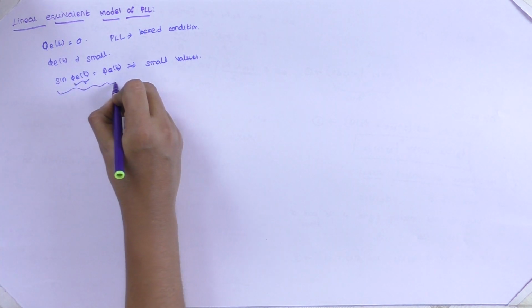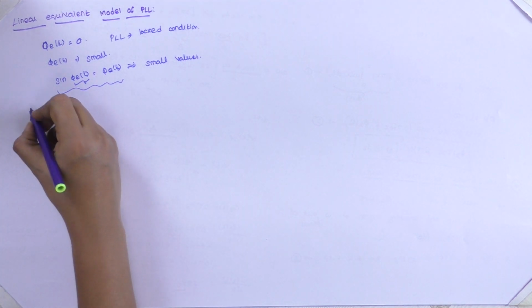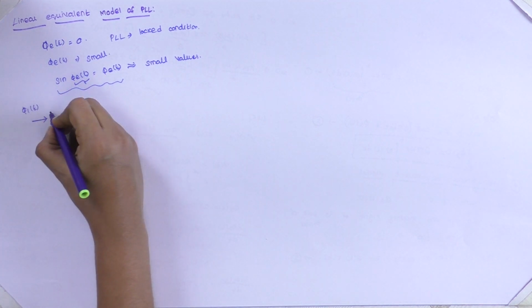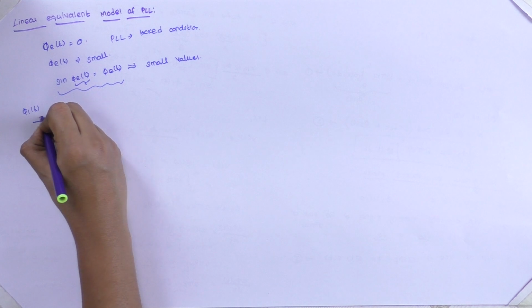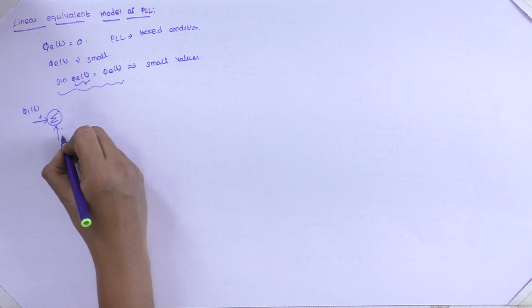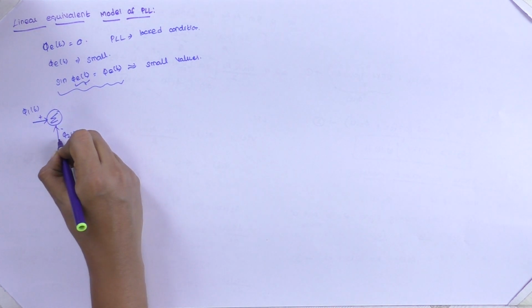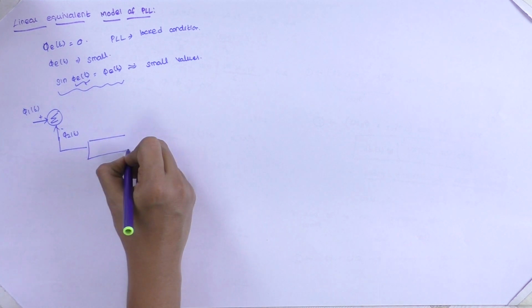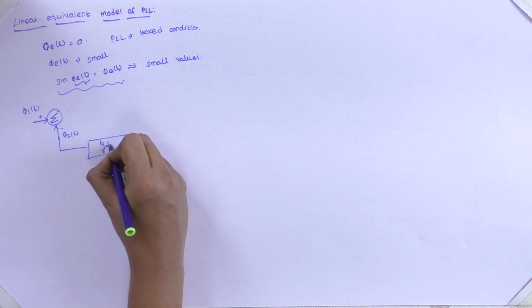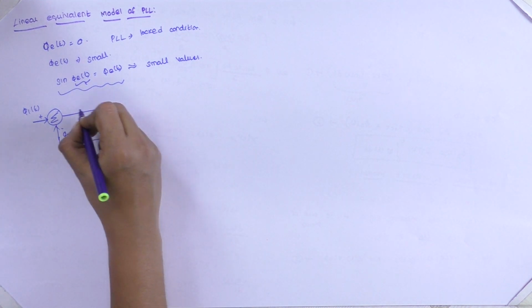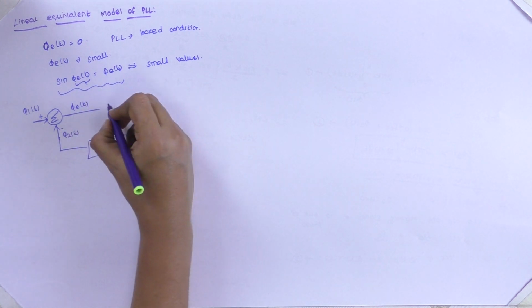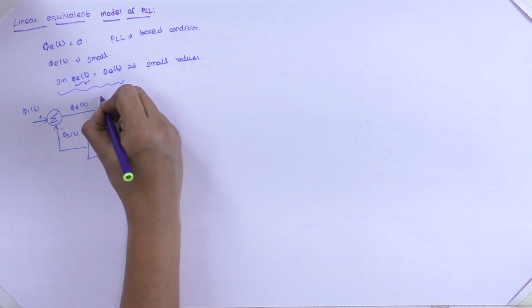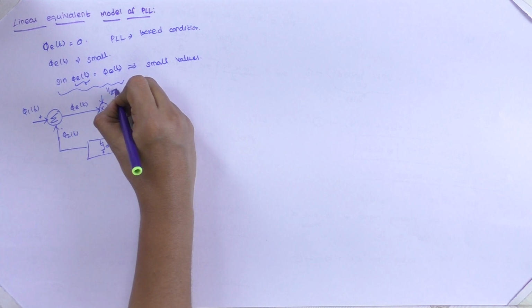Therefore, using this approximation, we have phi 1 of t, which is a positive term, applied to the summer, and this is our phi 2 of t, from 0 to t dt. This resulting expression has a constant factor 1 by 2 pi k naught.